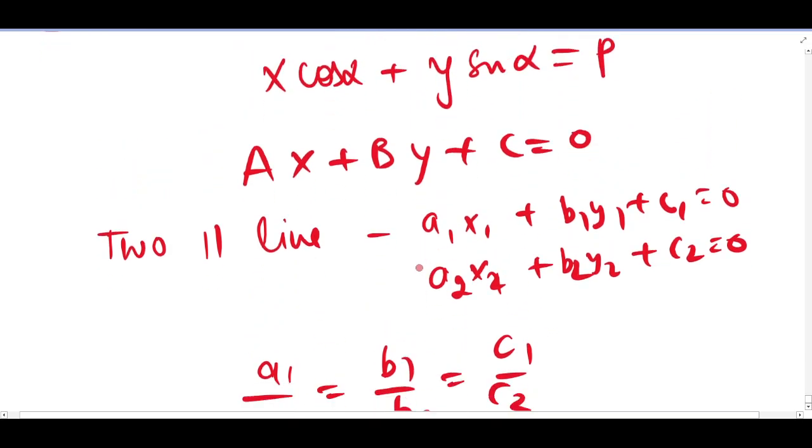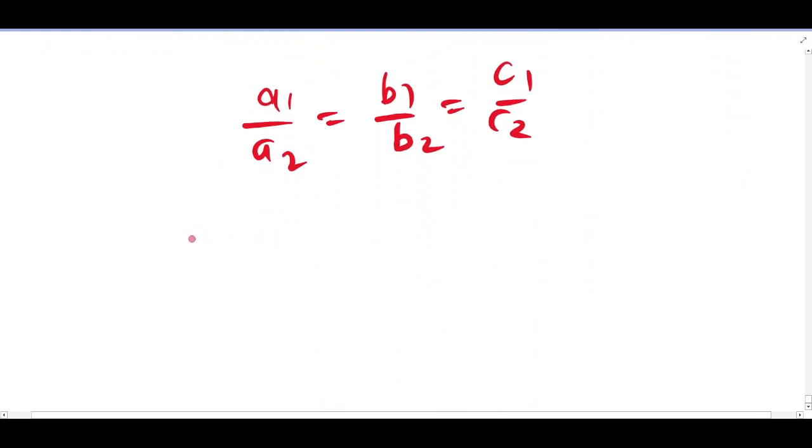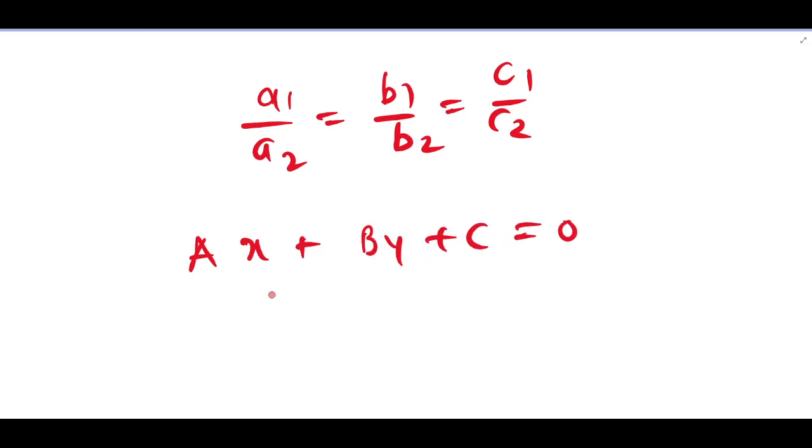So from the above equation, ax plus by plus c equal to 0, and x cos alpha plus y sin alpha minus p equal to 0.